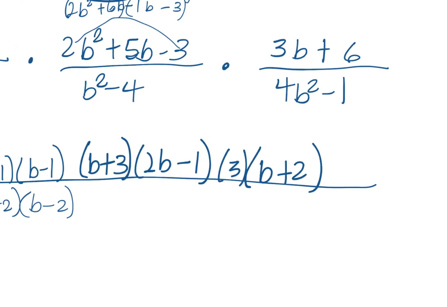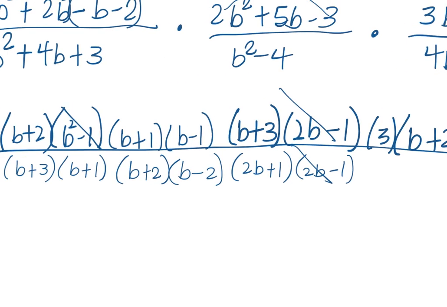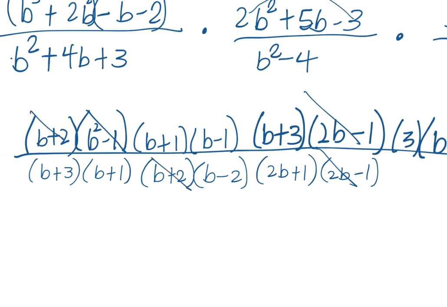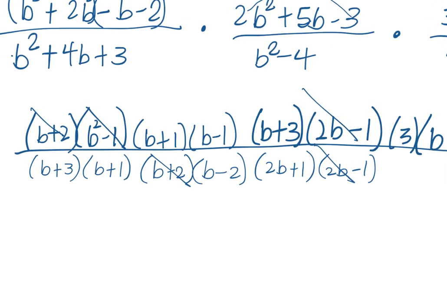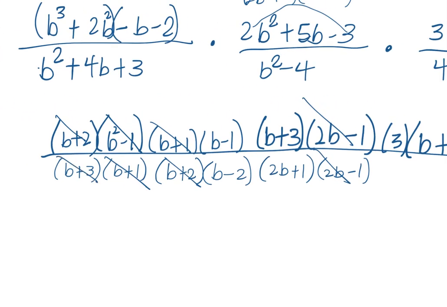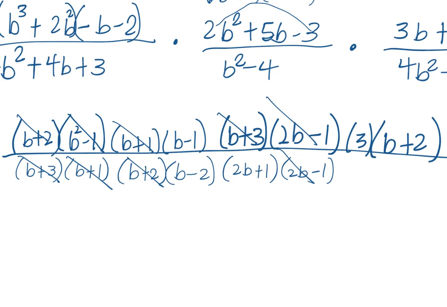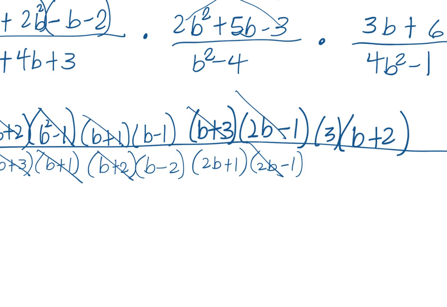Four b squared minus 1 is also a difference of squares. So let's see what cancels. The factor of 2b minus 1, b plus 2, b plus 1, b plus 3, and I believe that's it.